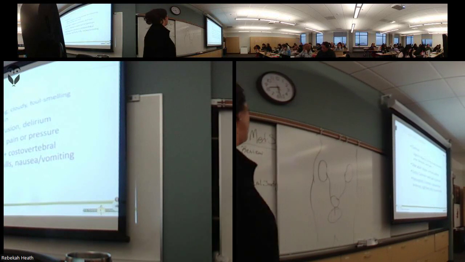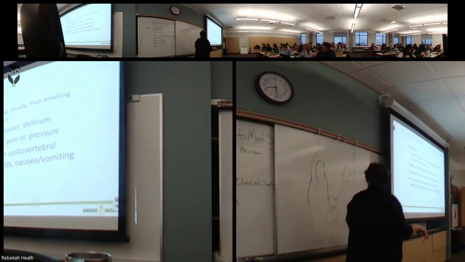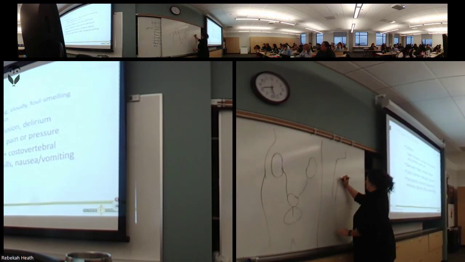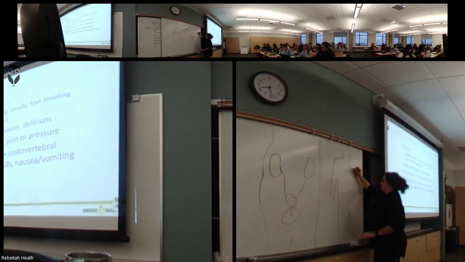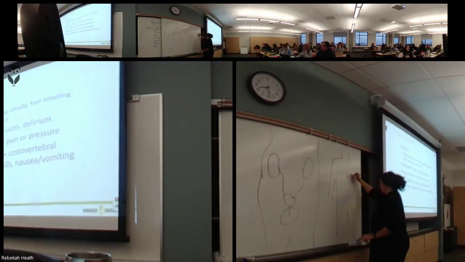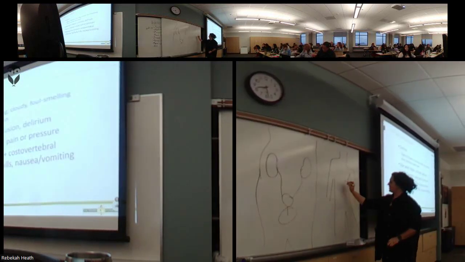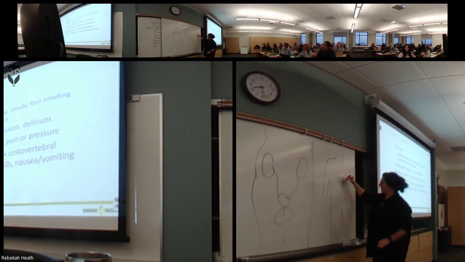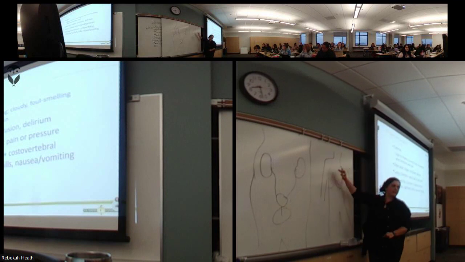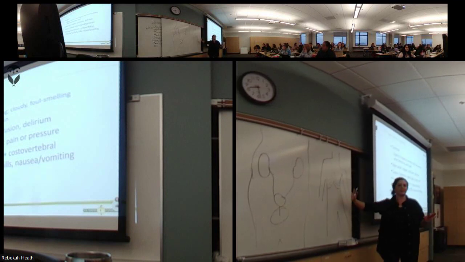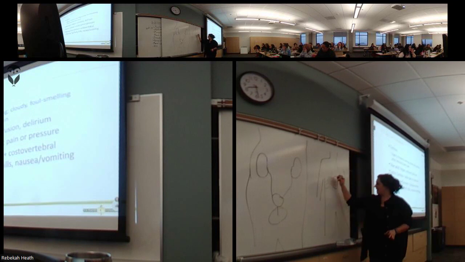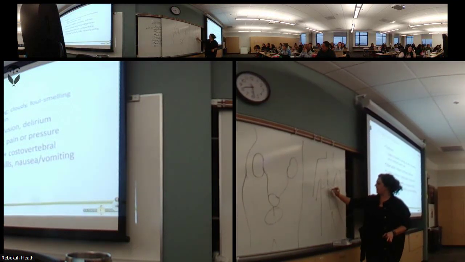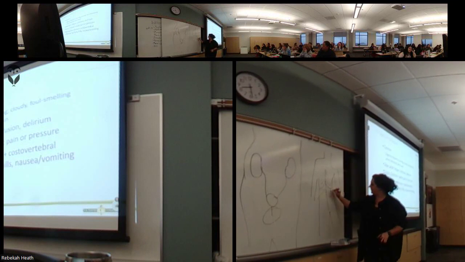costovertebral tenderness. Costovertebral. When you have a person, you have their rib cage. Oh goodness. This is not anatomy and physiology, okay? This is just for our purposes. You have your vertebrae and your rib cage, and it's kind of this angle right here.